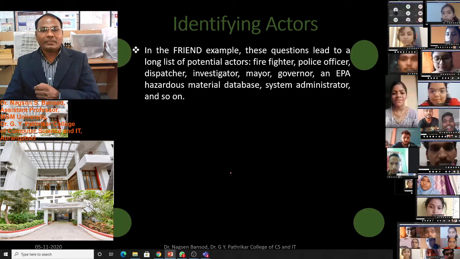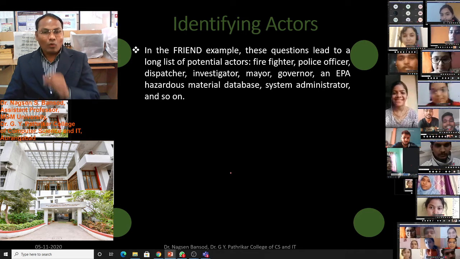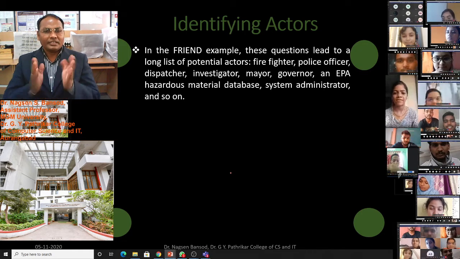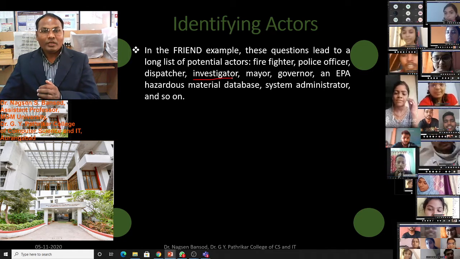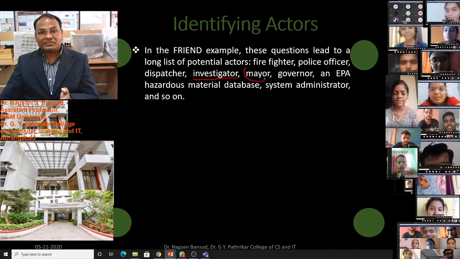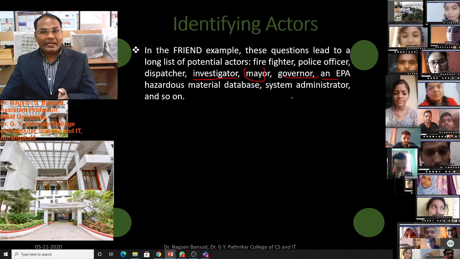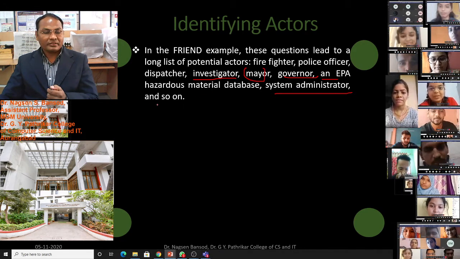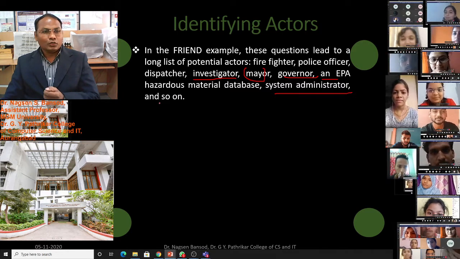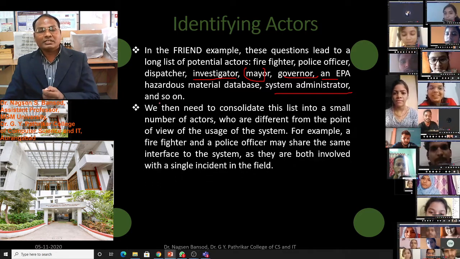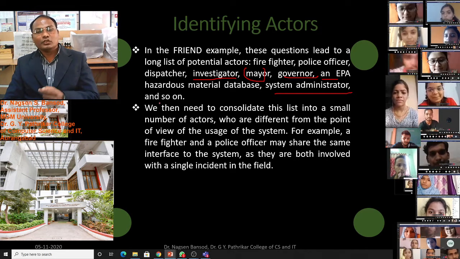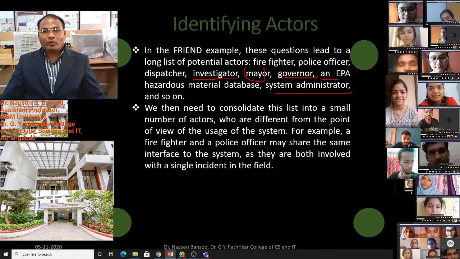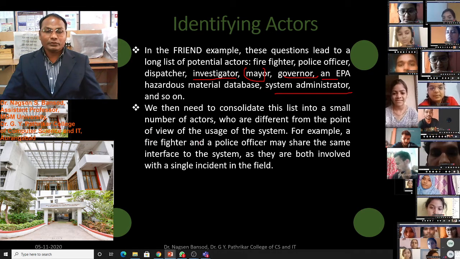In the FRIEND example, these questions lead to a long list of potential actors: firefighter, police officer, dispatcher, investigator, mayors, governments, EPA, hazardous material database, system administrator, and so on. We then need to consolidate this list into a small number of actors who are different from the point of view of the users of the system.